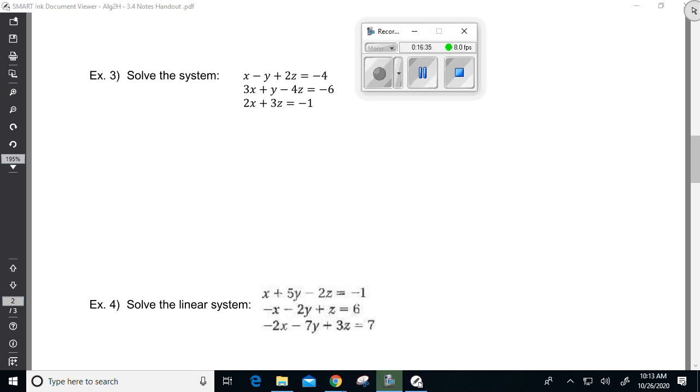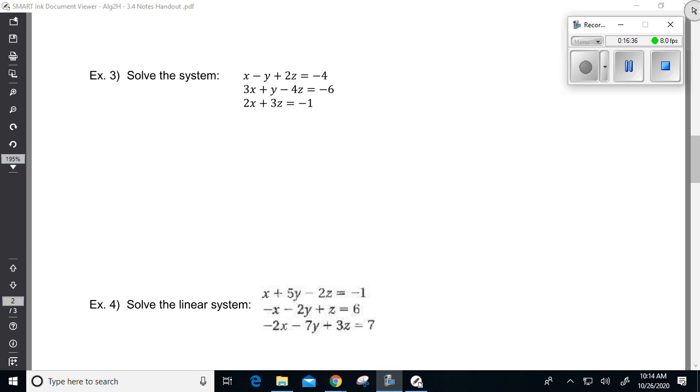So, we want to take the two equations at the top and get rid of the y's. If I'm looking at the two equations at the top, this looks amazingly good, because they're already sitting there as opposites.